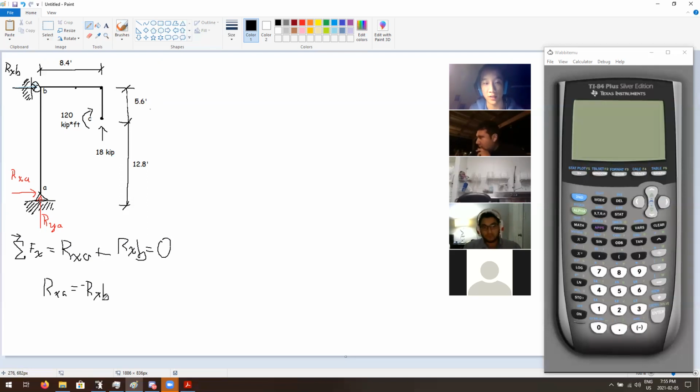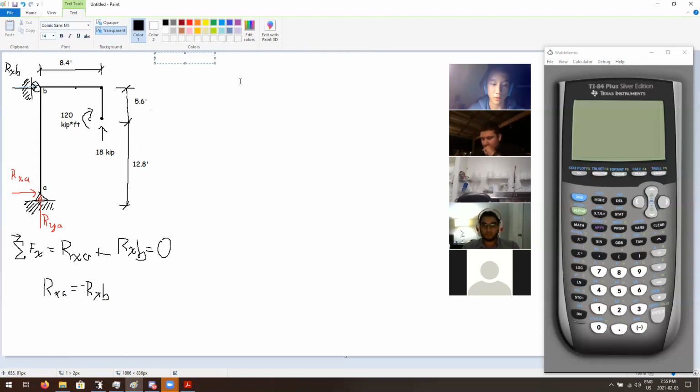It's the same as R_XA plus R_XB equals 0. If R_XA is 2, R_XB is negative 2. 2 plus negative 2 is 0. So R_XA equals negative R_XB. Put that in our backlog. I'm gonna use this later. I put it in my back pocket.